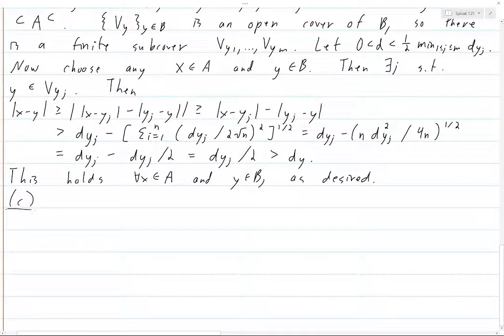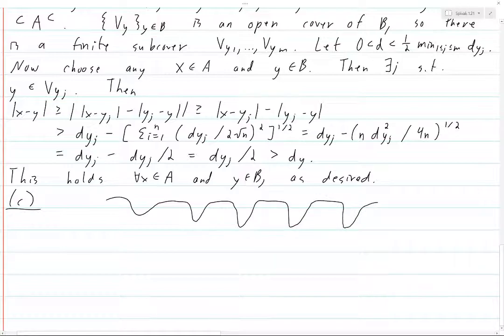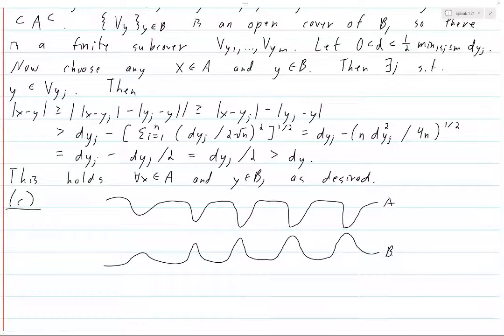We want two sets that look sort of like this. Let's call this A, and we'll call this B. What's going to happen is that these sets get closer and closer and closer. They never touch, but they get closer and closer.